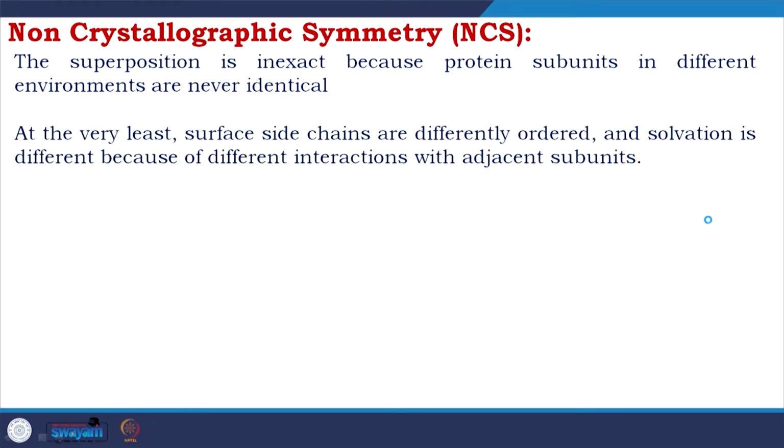At the very least, surface side chains are differently ordered and solvation is different because of different interaction with adjacent subunits. So, suppose it is a dimer. When it is existing as a dimer, the interaction here and there could be different, and the movement of the flexible side chains is obviously different.